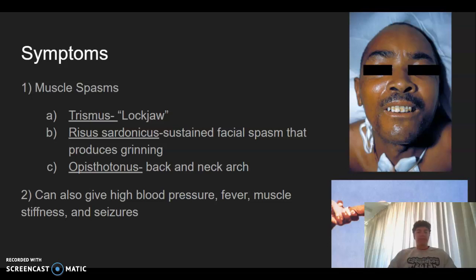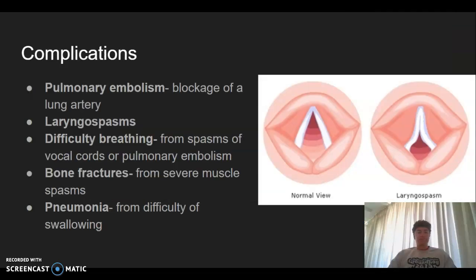Risus sardonicus is that sustained facial spasm that produces grinning, as you can see in the picture on the slide. Opisthotonus is that back and neck arch from the muscle spasms in that area, as you can see in the infant on the screen. And other symptoms can be high blood pressure, fever, muscle stiffness, and seizures.